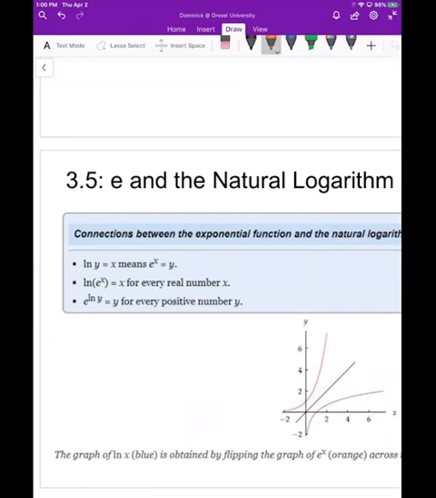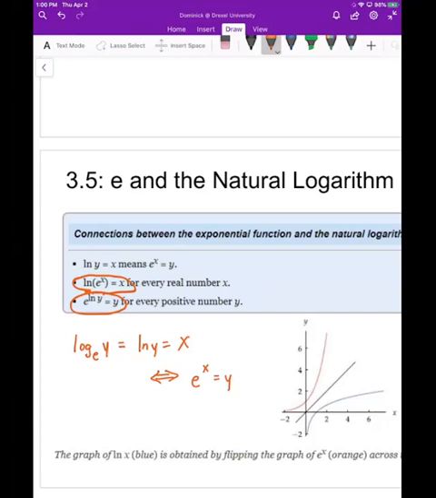Finally, the connection between the two is that these are inverse operations, right? So of course, log base e of y is what we mean when we say natural log of y. And if that equals some x, then converting to exponential form means that e to the x is equal to y. And then you get the similar cancellation properties as before: if you take a natural log of e to the x, you just end up with x.